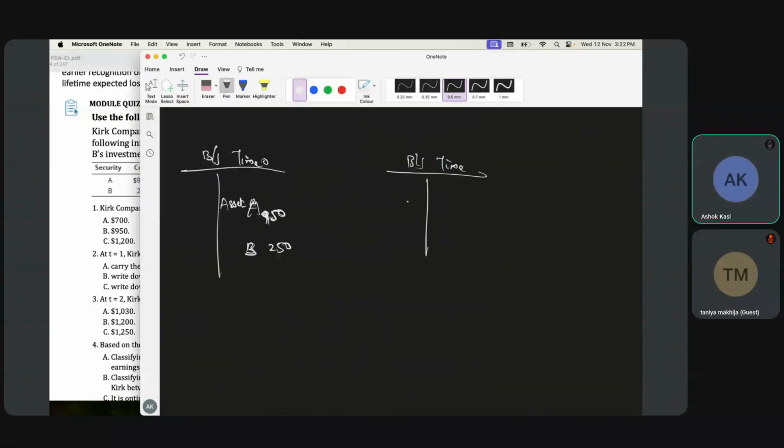So it will be either trading, fair value through OCI, realized gain, unrealized gain, fair value through profit and loss, realized and unrealized.